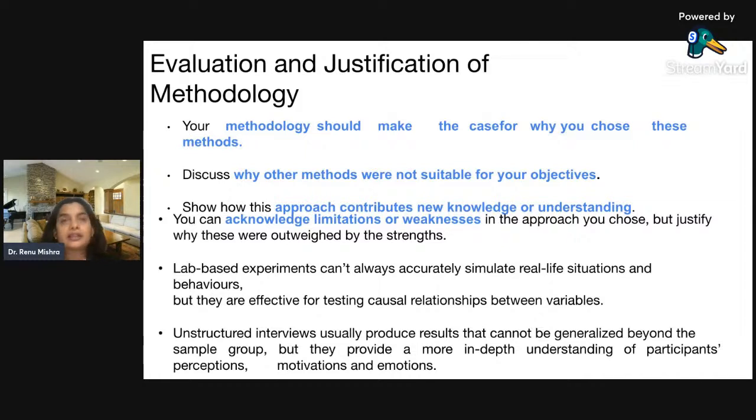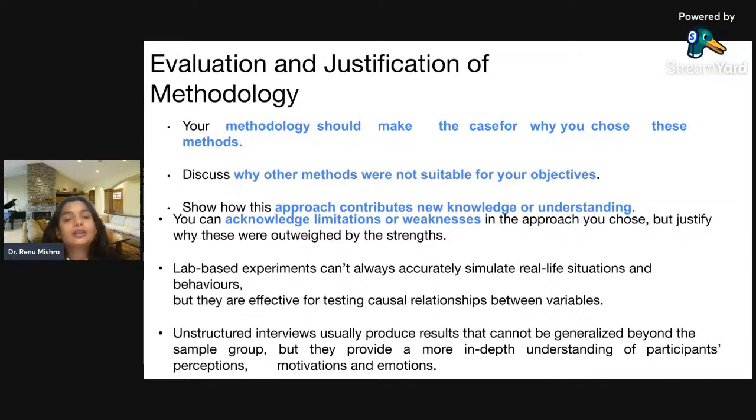Like if somebody says that instead of focus groups you could have gone for interviews, you know that for this particular research objective you can go for focus groups also, but you find interviews best suited. That why should be answered. This justification is very important to all the research you conduct.